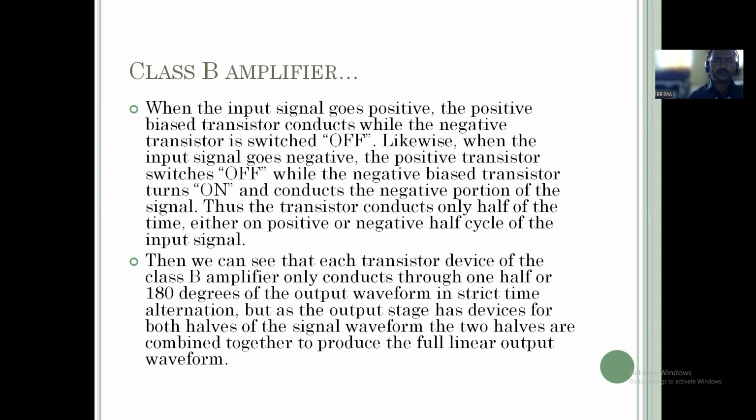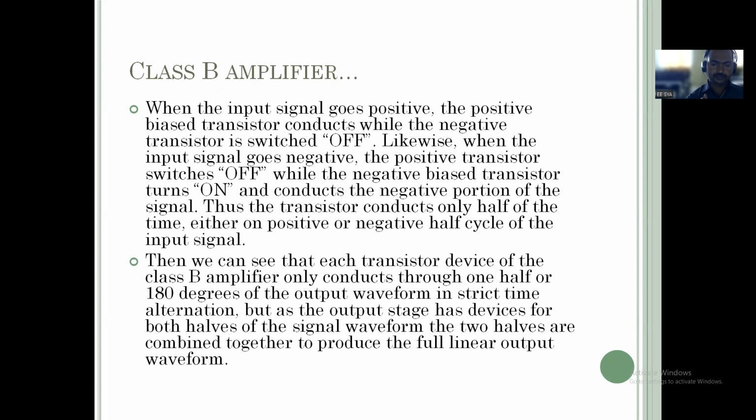During the positive half cycle, one transistor is biased positively and turned on, and the other transistor, of the opposite type, PNP or NPN, is biased negatively and turned off, right? So only one transistor, either PNP or NPN, is turned on in a class B amplifier, and the other must be switched off. This is what happens in a class B amplifier.